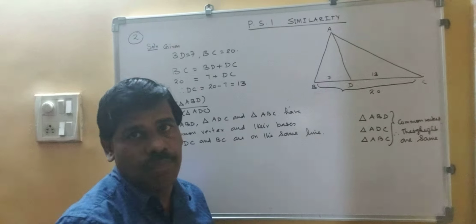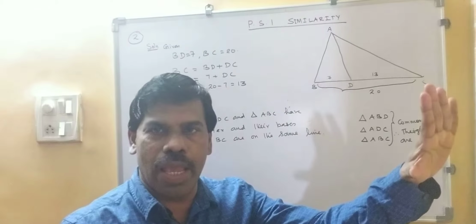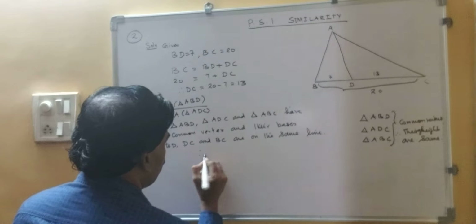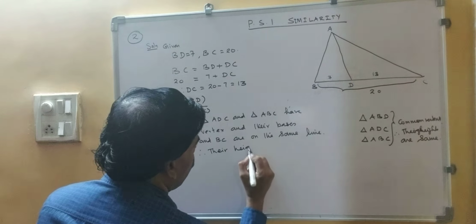So, we have seen that if 2 triangles have a common vertex and their bases are on the same line, then we can say their heights are equal. Therefore, their heights are equal.